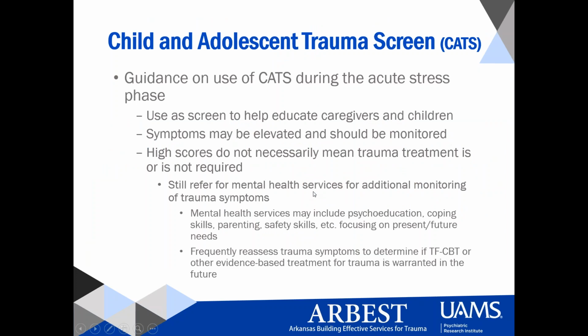I do want to spend some time talking about using the CATS within the acute stress phase. So you all know when kids have difficult, potentially traumatic events, universally we see some type of distress. When kids go through scary, frightening events where someone could be killed or their physical integrity is threatened, or they've been in a car accident or natural disaster or sexual abuse, it's natural to have some elevation in symptoms.